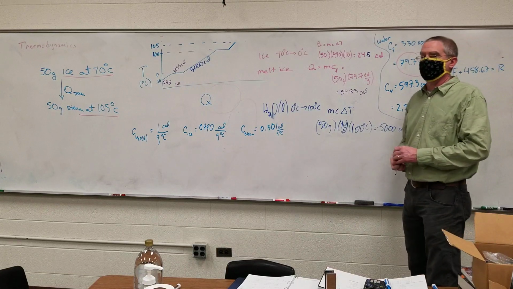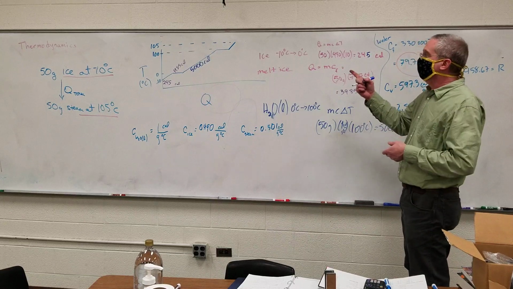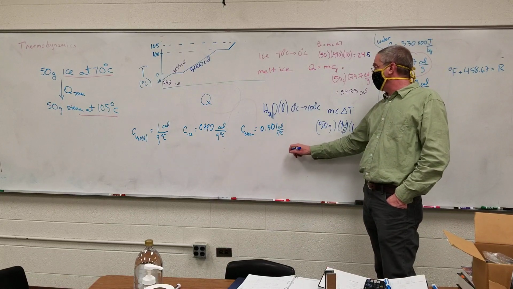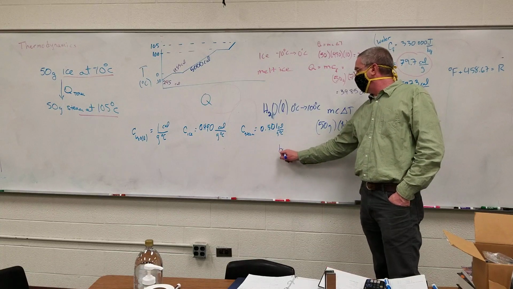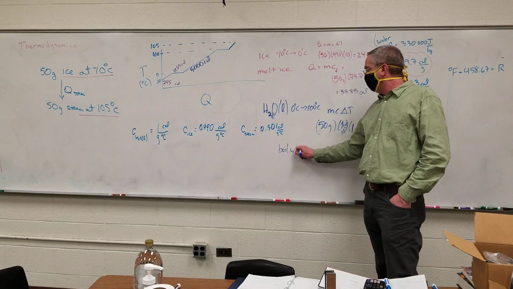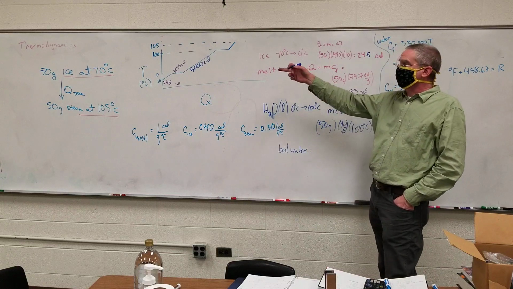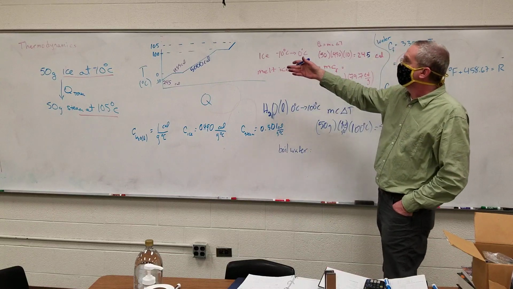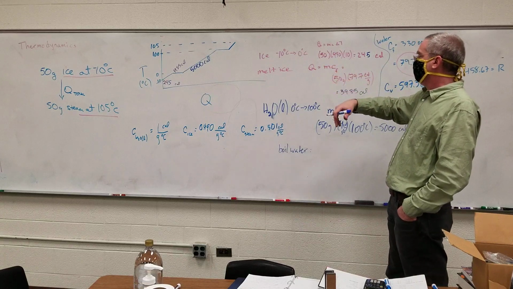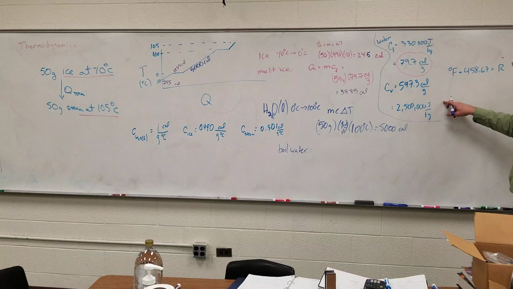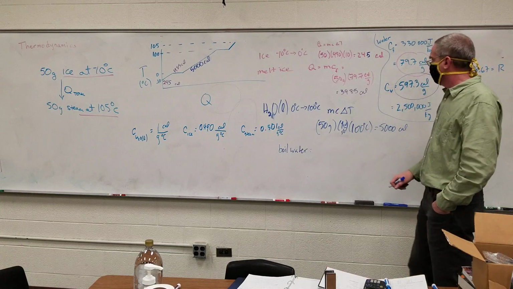But now we have to turn it into gas. We're going to boil it. And so now we're dealing with a phase change. So boil water. We're now dealing with the heat of vaporization, that number right there.